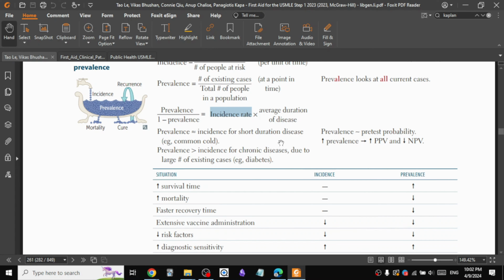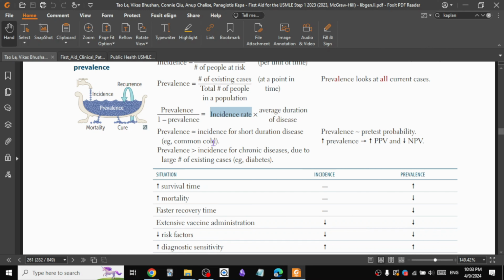So if the time period is very small, let's say just a couple of days or 1 week, the amount of cases being generated at a time is almost equal to the prevalence of the disease.